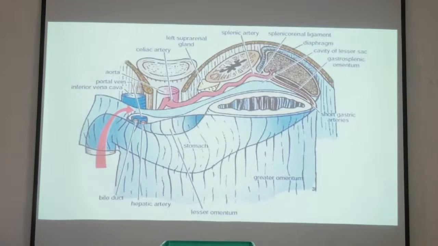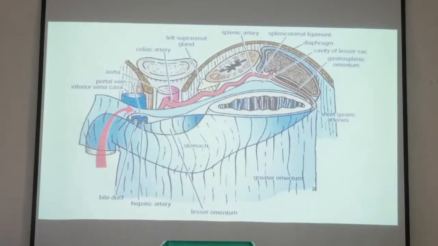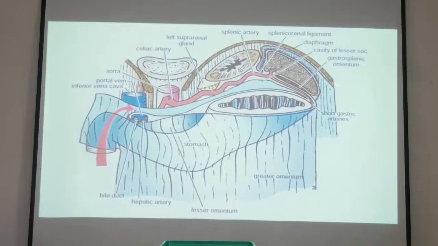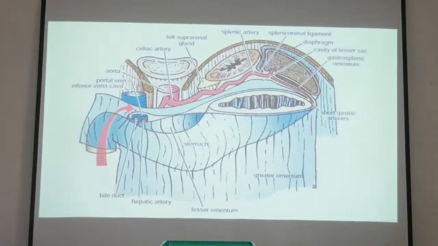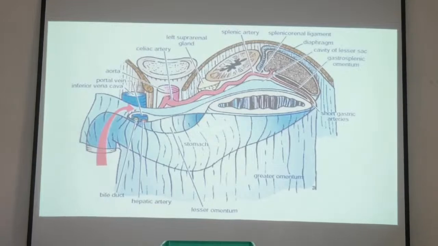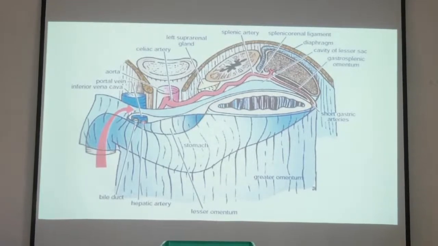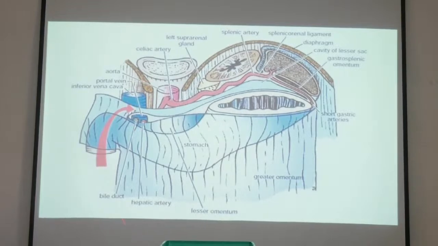Now see, those structures have been shown in section. See, this is diaphragm, dome of the diaphragm, here is the kidney. Okay, this is spleen, splenic artery, this is stomach, lesser sac. Okay, and those ligaments, gastrosplenic and lienorenal. And here is the right free margin of the lesser omentum.